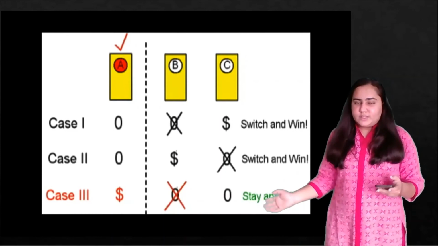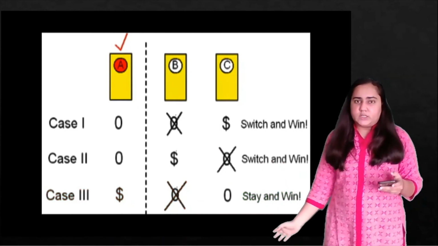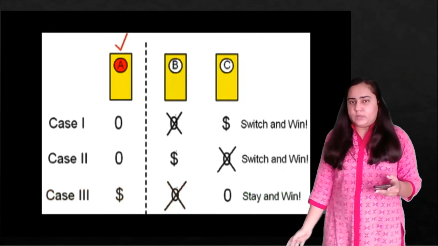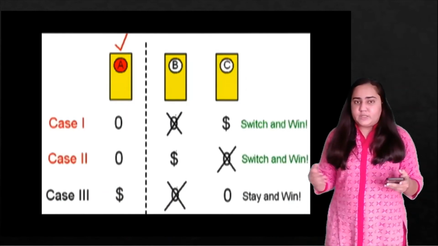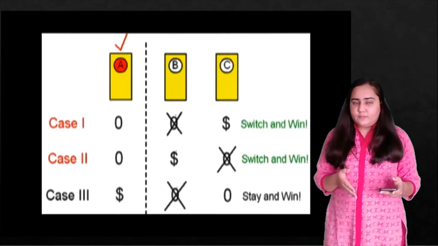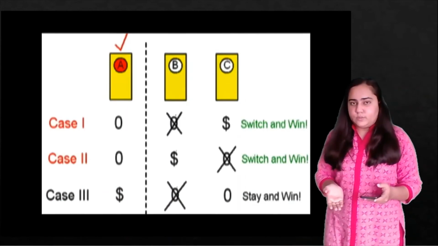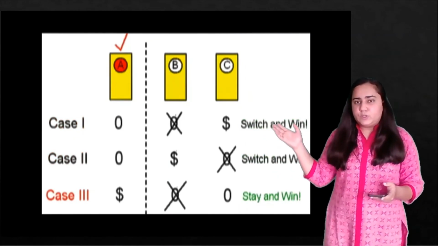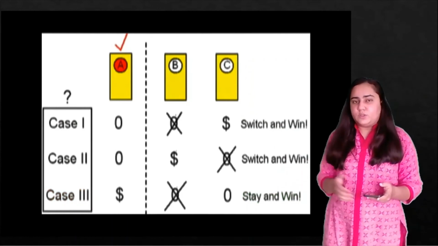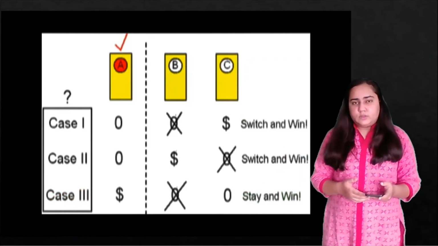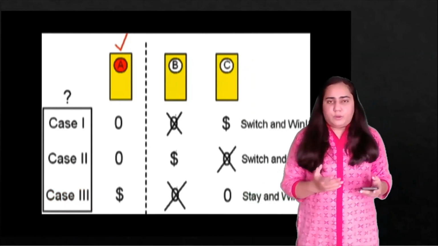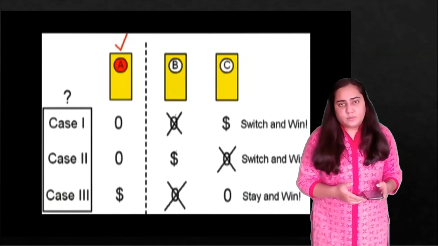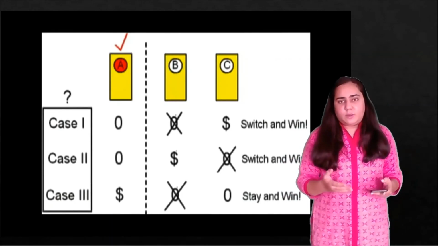So what do you understand by this entire explanation, by this approach? Is it better to stay on the door that you have, or is it better to switch? Just take a minute and try to understand whether you should switch or you should stay with what you have. You could pause the video right here, take a minute and think about what you should do here.